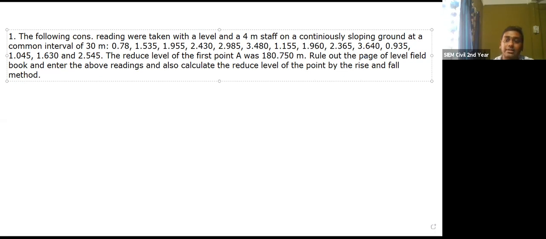After that, 1.045 and 1.630 are considered as the IS. And the last reading, as I already said in our previous class, is considered as the FS. So 2.545 is considered as the FS reading.